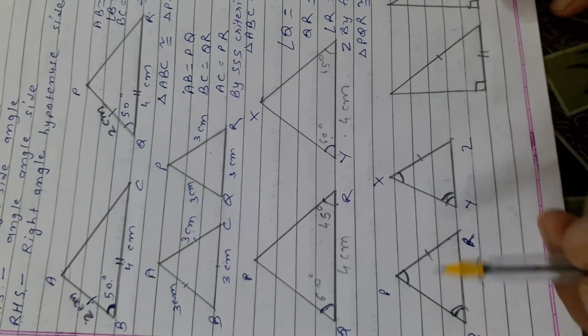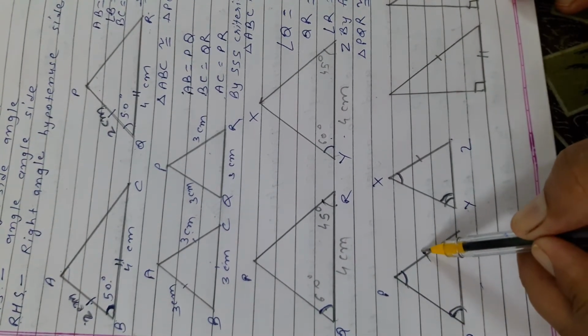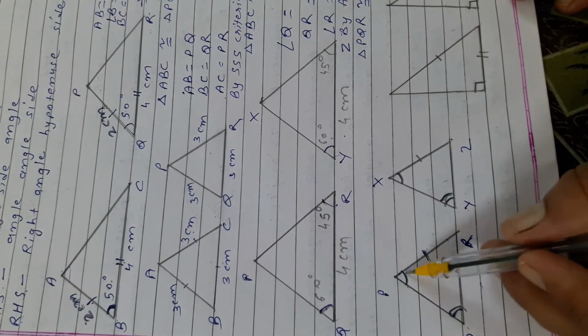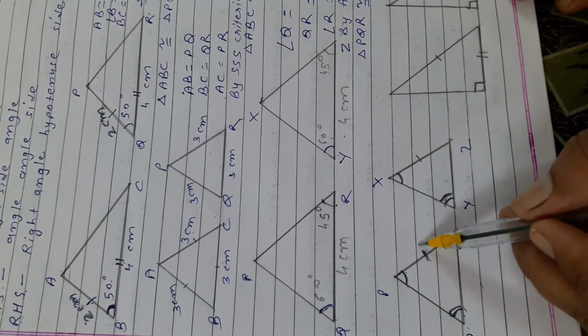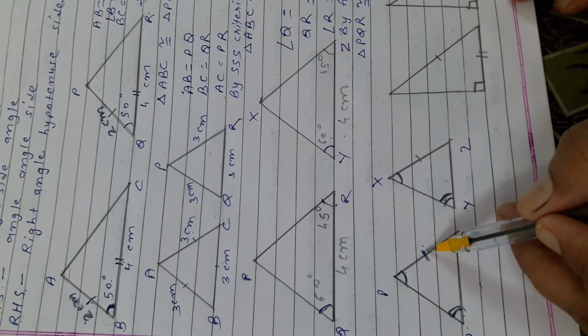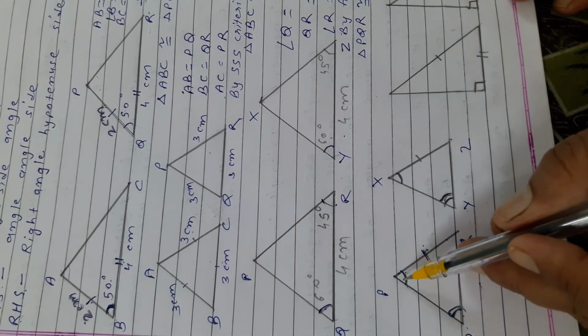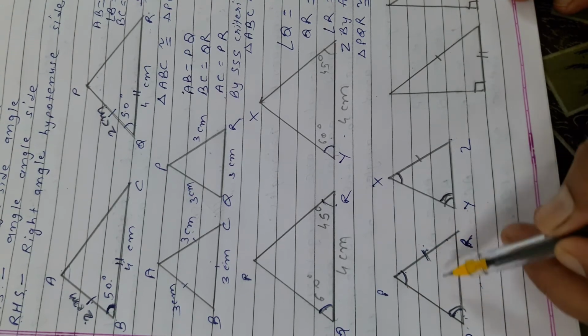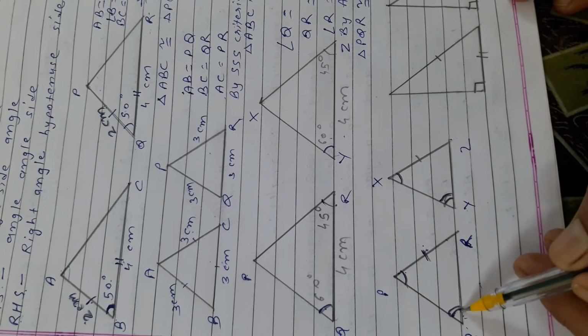So here this side is not the included side of both the angles, it is the different side of both these triangles, because the included side of both the angles is PQ. So this is not the included side of both the angles.